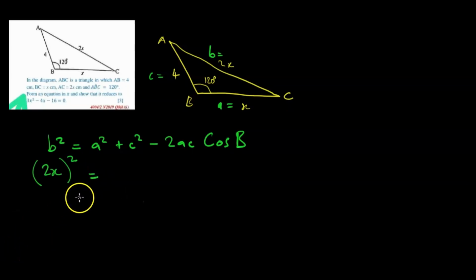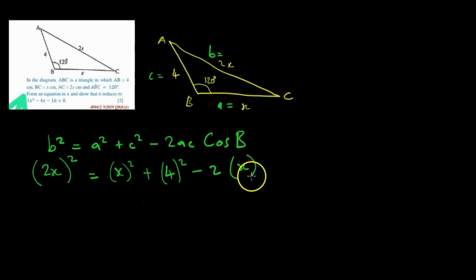This is equal to, in place of a we put x, not forgetting that it is squared, plus in place of c we put 4, not forgetting that it is squared, minus 2 multiplying by x for a, then 4 for c as well.